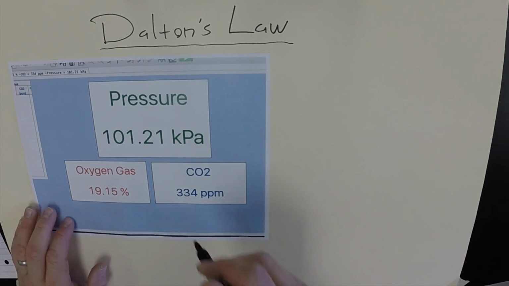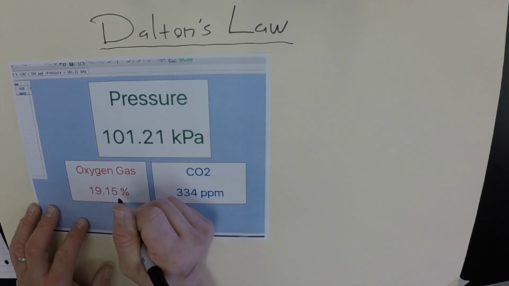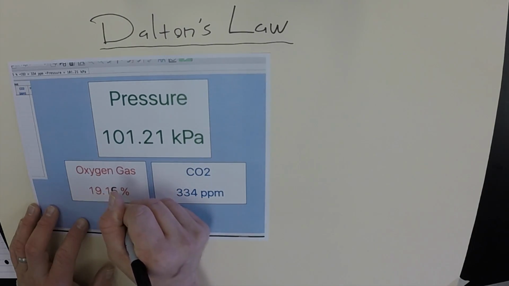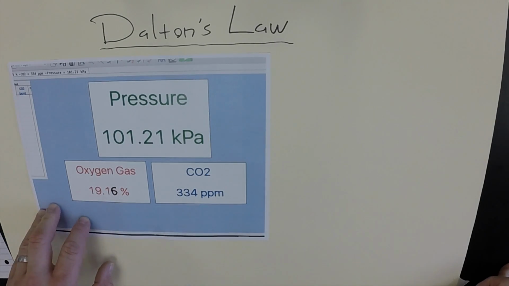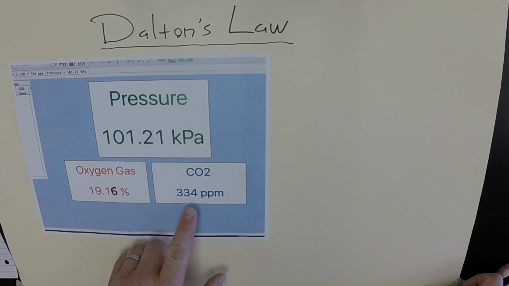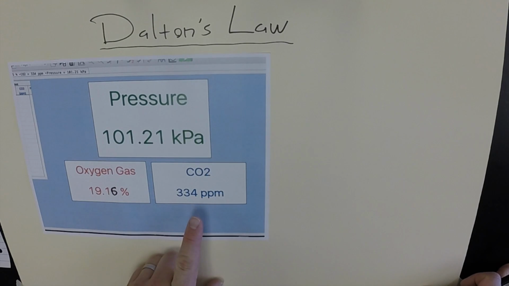The oxygen percentage, we'll go with 19.16 because we were fluctuating between 0.15 and 0.17 most of the time. And for CO2, we'll go with 334 parts per million. Again, that's a very low concentration. Out of every 1 million parts of air, 334 of those are carbon dioxide. Not very much, but still significant.